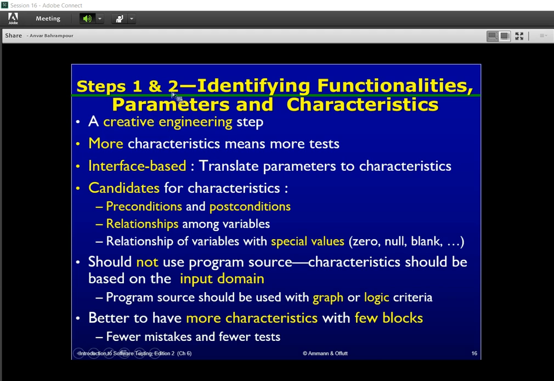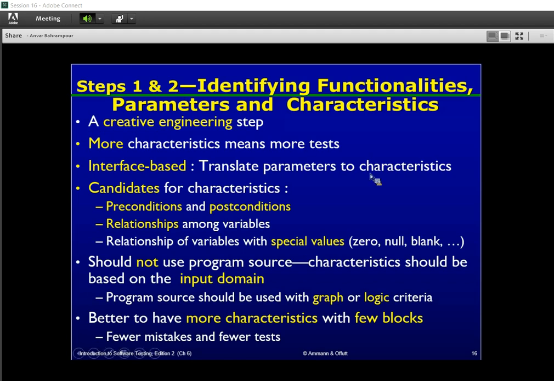In step two, we should differ between the types of parameters.